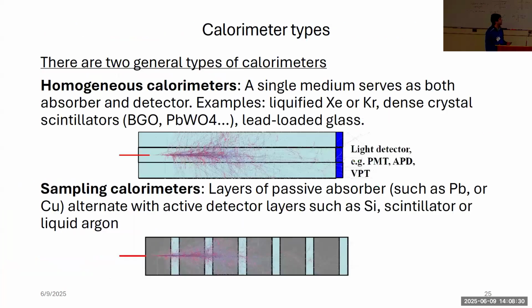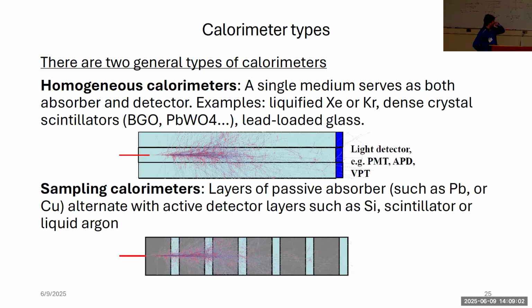Okay, and then calorimeter types. For EM calorimeters, there's basically two types. For hadronic calorimeters, there are only sampling calorimeters. But we have what we call homogeneous calorimeters, in which one medium serves both as the absorber, by which I mean the thing that generates the shower, and the detector, or the active region.